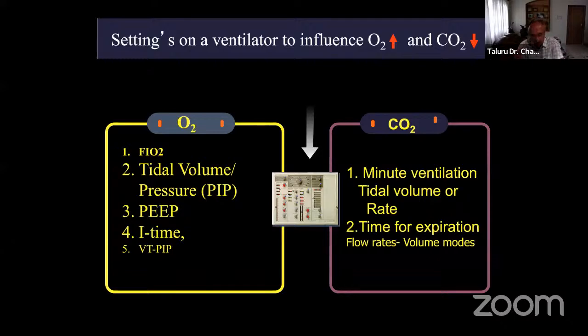You can always reduce the tidal volume, increase the IE ratio to 1:3, 1:4. You can increase the expiratory time as long as your plateau pressure is less than 15, 20, 25. That you can remember. In a COPD patient, expiratory time can be 1:5 as long as your plateau pressure is less than 24, 25. So that is how you set.